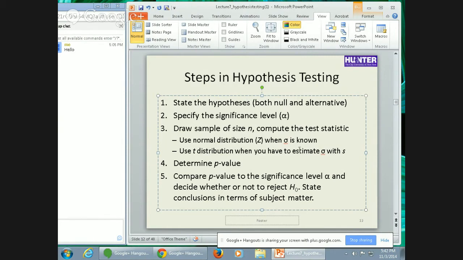You'll still calculate a t-score, but it will be assumed from a t-distribution. But this is a very general procedure. Any hypothesis test you do, your step right here is going to be to calculate a test statistic.